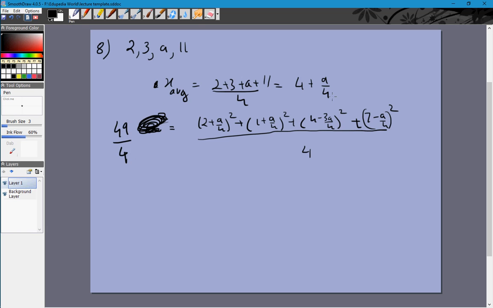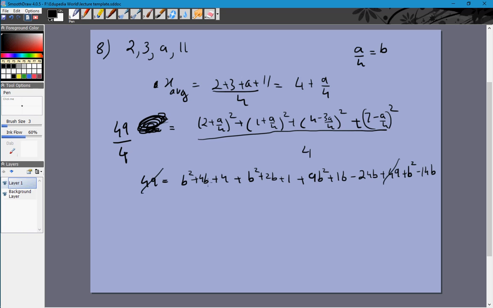And now from this we can find an equation for A. Let's just say for a while that A by 4 is equal to b, some new number, which means 49 is equal to (2 plus b) whole squared, b squared plus 4b plus 4, plus (1 plus b) whole squared, b squared plus 2b plus 1, plus (4 minus 3b) whole squared, 9b squared plus 16 minus 24b, plus (7 minus b) whole squared, 49 plus b squared minus 14b.